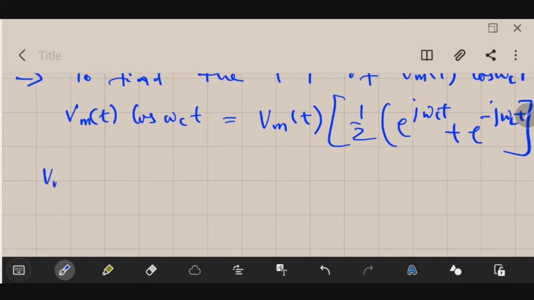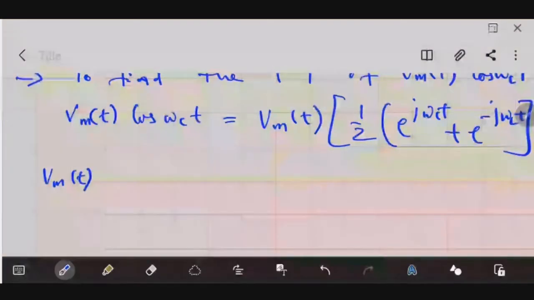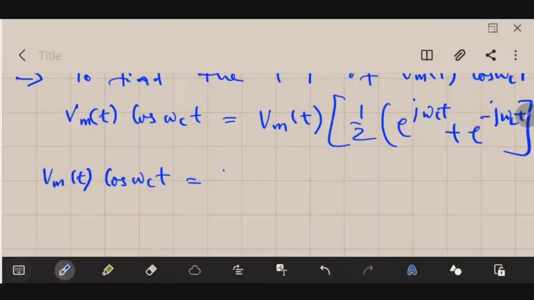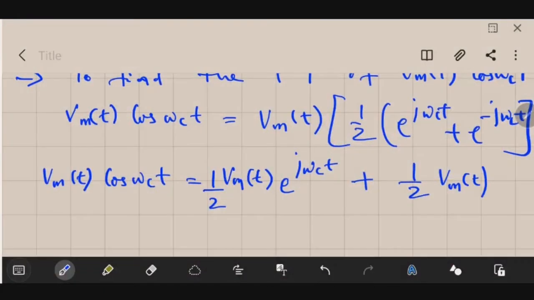Let me just write it in this way: Vm of t into cos omega ct is equal to, I am just multiplying Vm of t inside that bracket, so half will be outside, half Vm of t e to the power j omega ct, plus half Vm of t e to the power minus j omega ct.